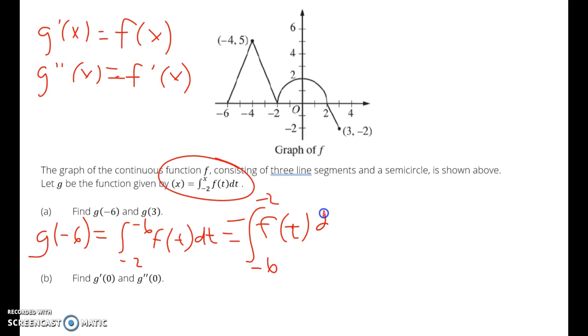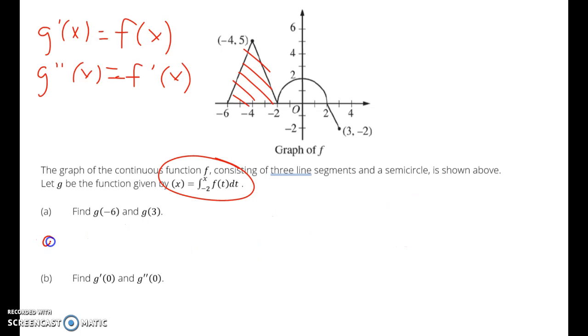Now, when I look at this, I've got the definite integral from -6 to -2, which is basically this triangle right here. My area is negative because I reversed the bounds. Base times height, that's 4 times 5, 20 over 2, so -10 is the answer to my first definite integral.